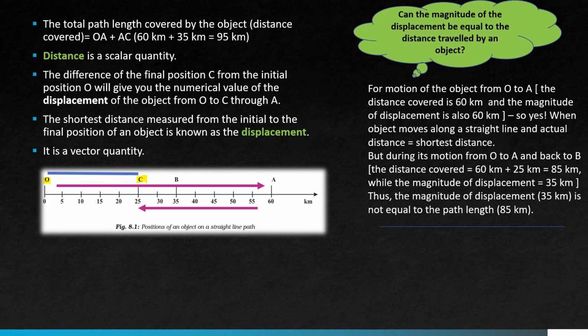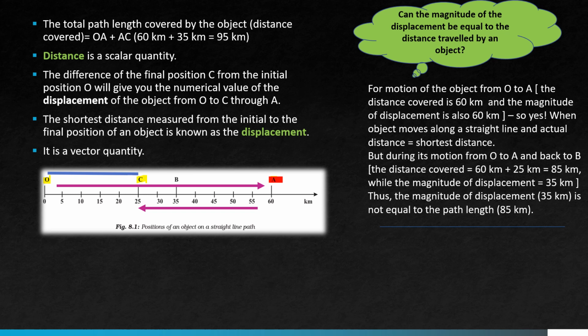Yes, of course, this can happen. But how? Now suppose O is the origin and A is the final position, right? The body has to reach point A from here. So the distance that the body has to cover from O to A is 60 kilometers, right? So in this case, what is the displacement?